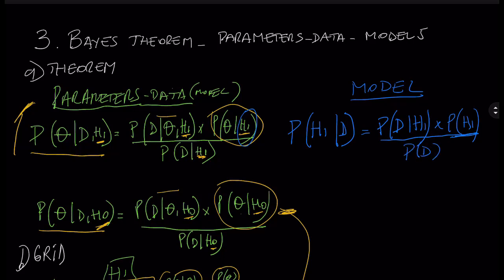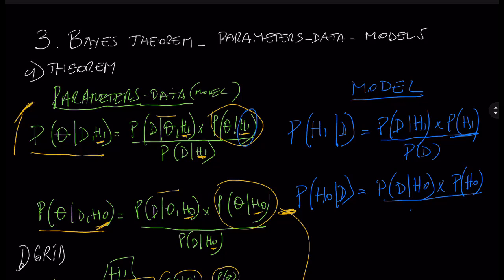And I'm going to do the same, but for the null hypothesis. So I'll do probability of the model of the null hypothesis given the data equals the probability of the data given the null hypothesis times the prior distribution for the null hypothesis, and that divided by the probability of the data.